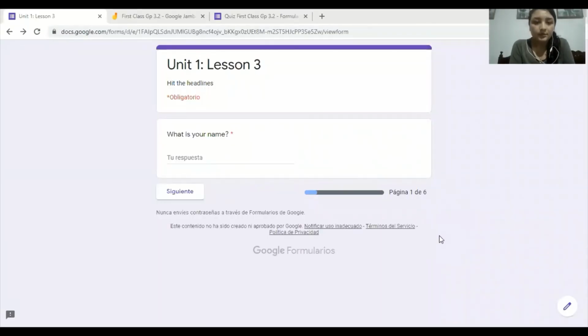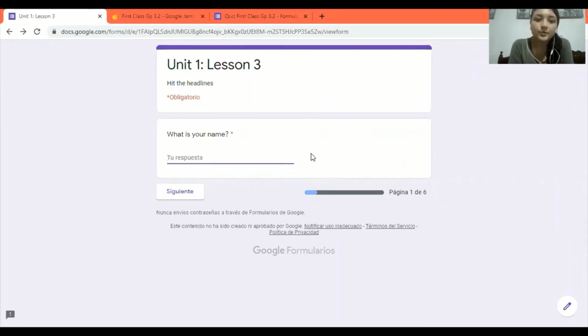This part of the quiz I'm going to present to you when you enter with the link. All of you are already in the quiz. Can all of you use the link, or do you have problems with it? Perfect. So the first part is your name. You have to put your name with your last name. Don't forget it. Without it, you can't start.